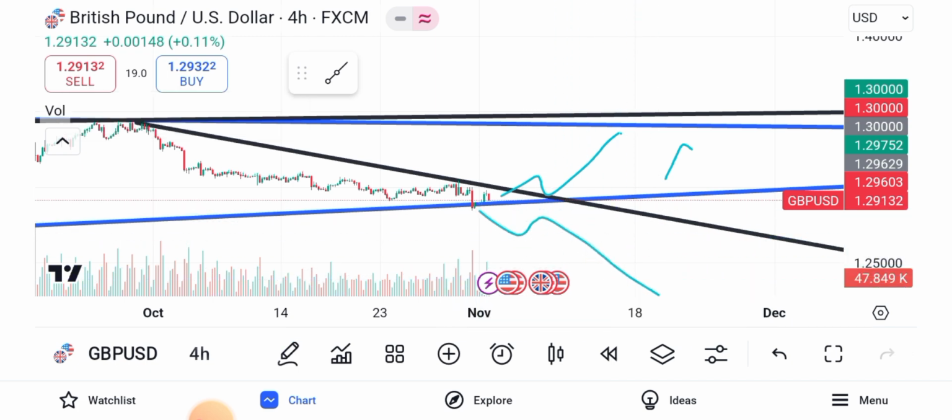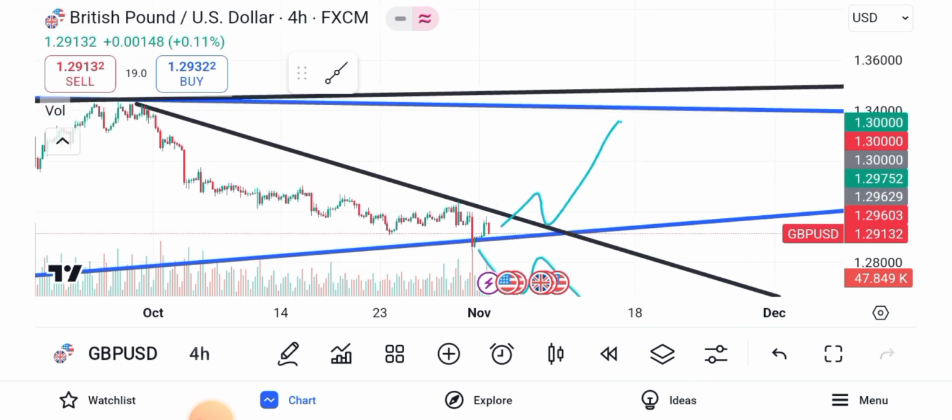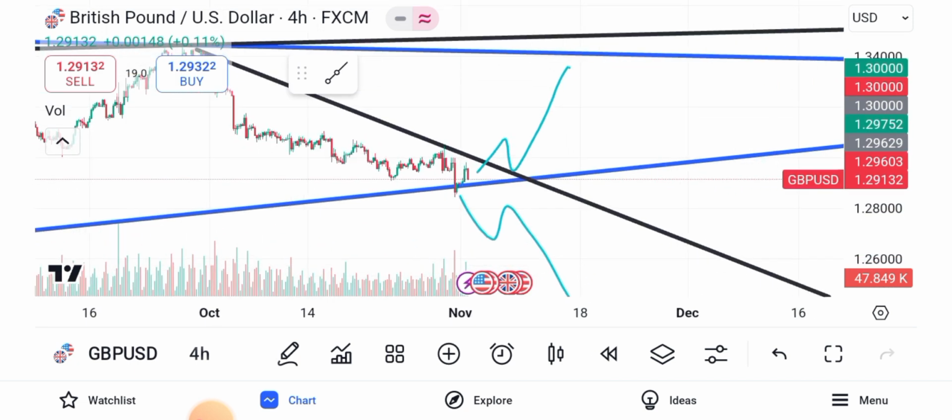So those are the two things that price can actually do at this point in time. It's either price actually breaks to the upside or breaks to the downside, retest and goes up or down. This for me is an apex, and we are looking at either one of those two possible outcomes.